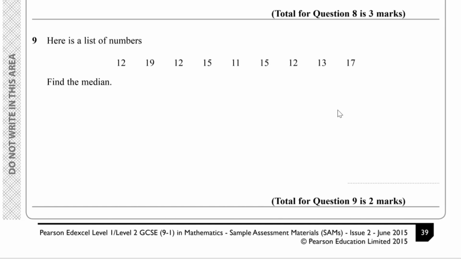Question number 9. Here is a list of 12 numbers, and what we have to do is find the median. Well, what we need to do is put the numbers in order of size to begin with. So we've got the 11, which is the smallest, followed by the 12, and then this 12, and then this 12, so we've got 3 12s.